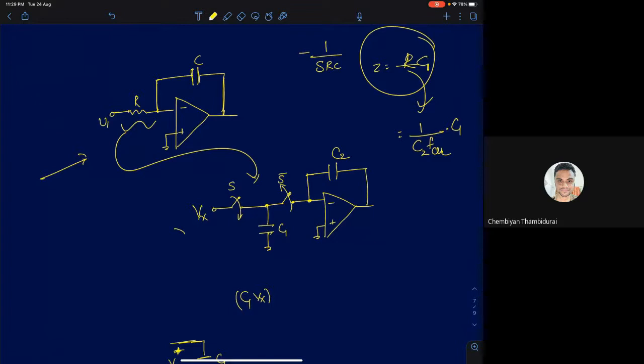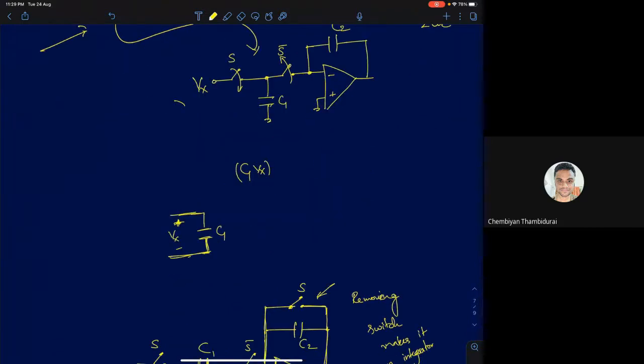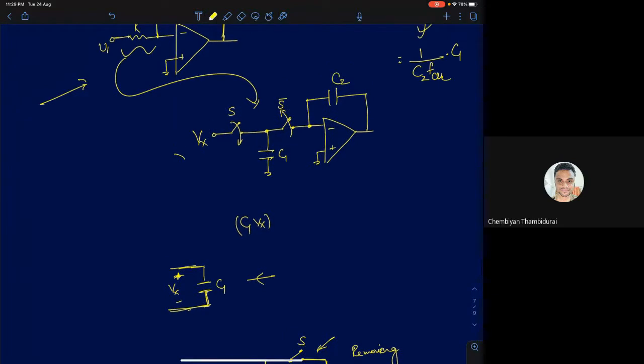In the positive half cycle, you will be charging this capacitor to a voltage of Vx, and your capacitance C2 will be in feedback. Your op amp will be in feedback. There are some small problems with the circuit, but right now we'll ignore that. We're not concerned with the more detailed versions of the circuit. I just want to illustrate the fundamental operation of it.